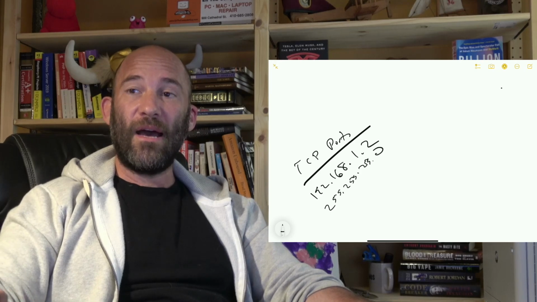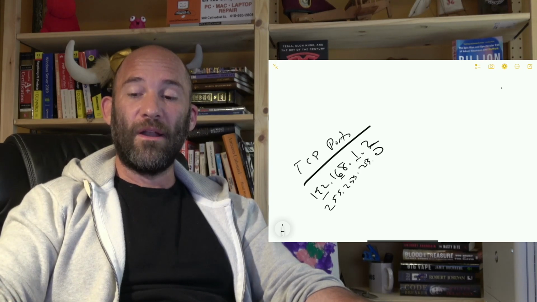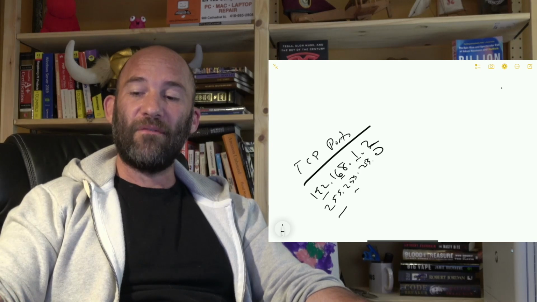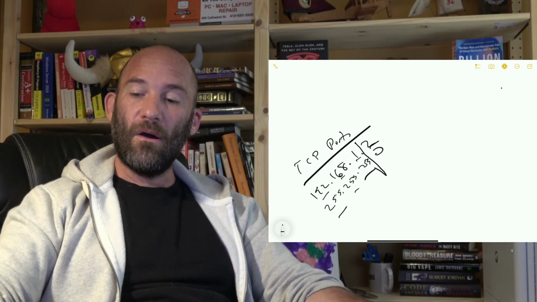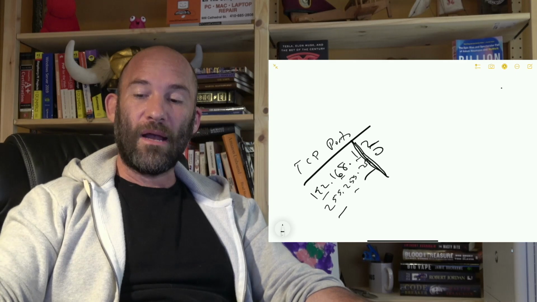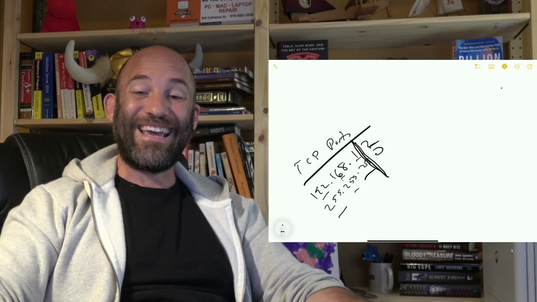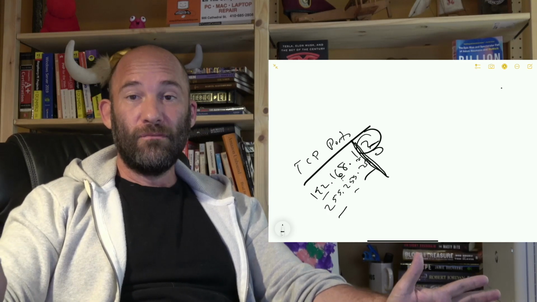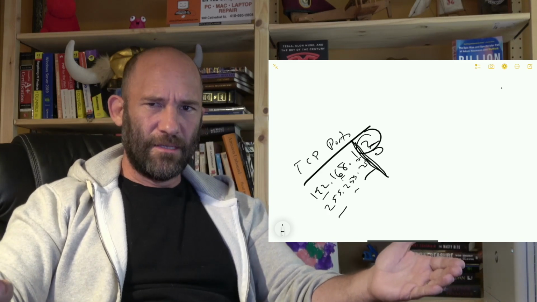So if we have an IP address of 192.168.1.2 with a class C subnet mask of 255.255.255.0, we know that the network ID is 192.168.1 and the computer ID is 2, right?